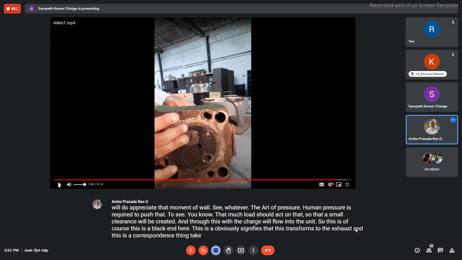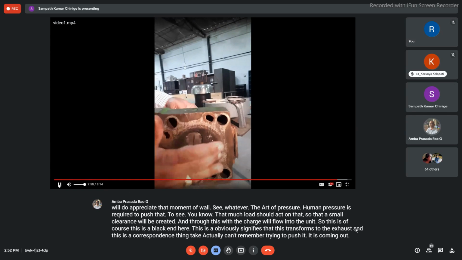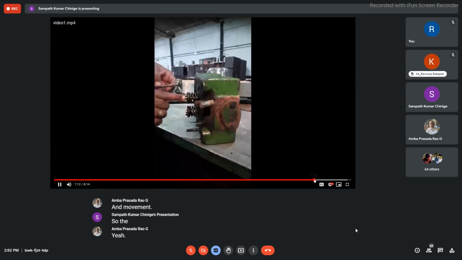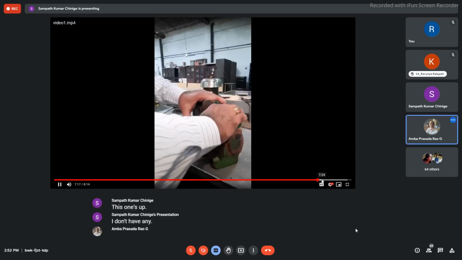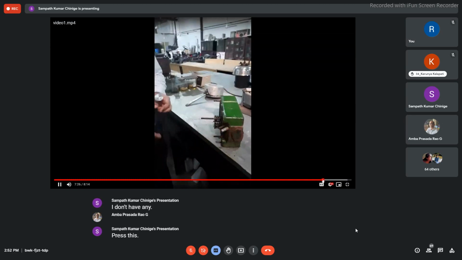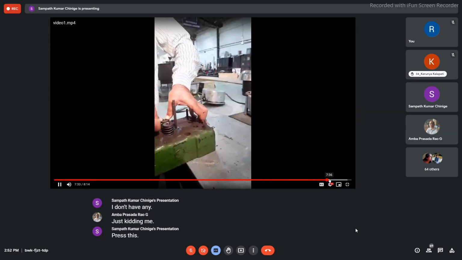See, when I am trying to push it, it is coming out. Piston top. So the cylinder head cover, appreciate that. And when I press this, the rocker arm is falling on the spring-loaded valve.